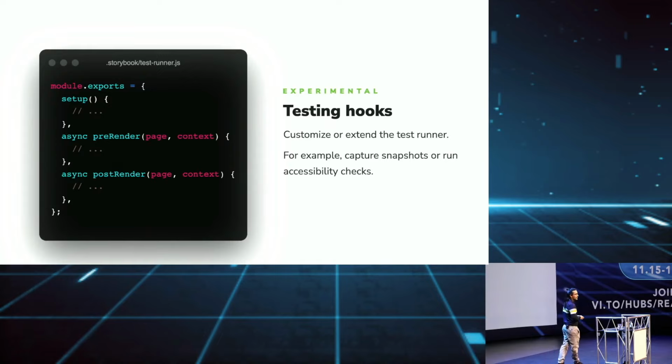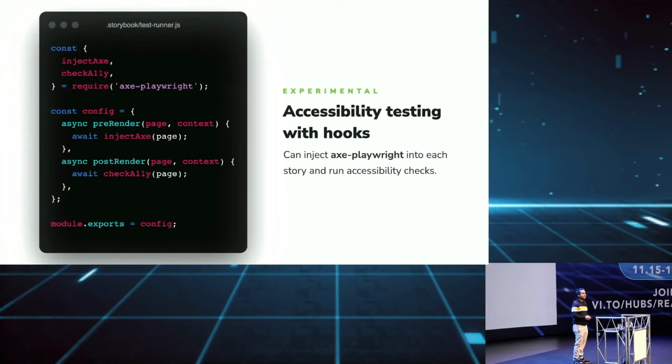That means you can run snapshot testing, or maybe some accessibility checks. So if you have a Storybook right now, and you install the test runner and run it, you get really nice checks for your components, but you can also get 100% of accessibility coverage. And this is just an example of how you can approach that using Axe Playwright.